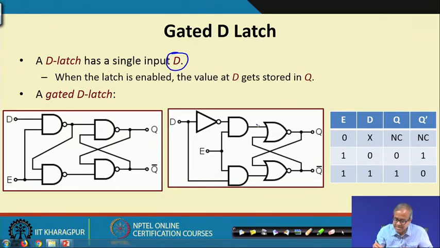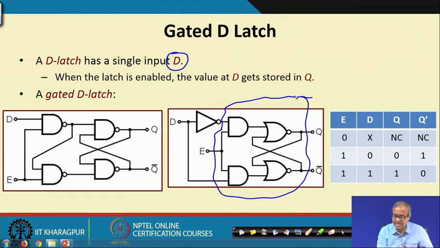You see, the second design is easier. The first part which you see here is just an SR latch, where this is your S input and this is your R input. You take an inverter, D you directly connect to S and D bar you directly connect to R, and you get a D latch.